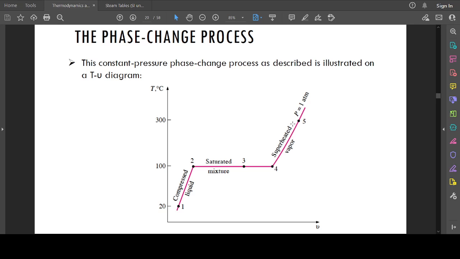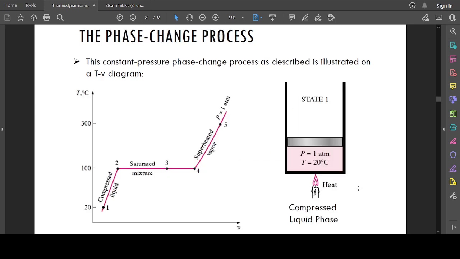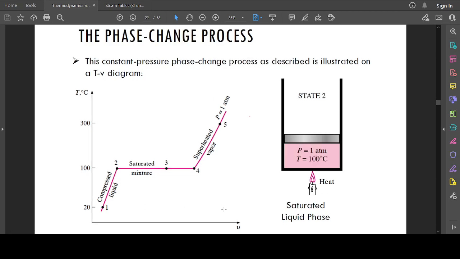And anything above that is referred to as superheated vapor. So pairing it according to the initial descriptions we gave with boiling, the cylinder and the piston: at this stage, this is referred to as stage one here. The second stage, stage two, is here at the saturated liquid phase.